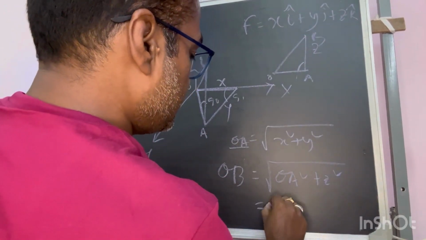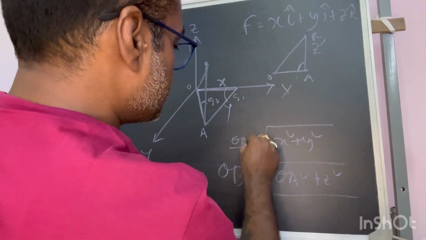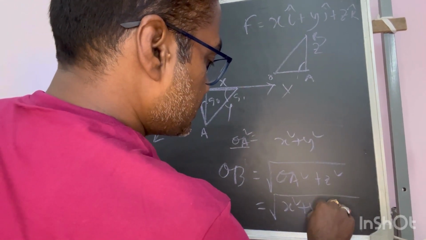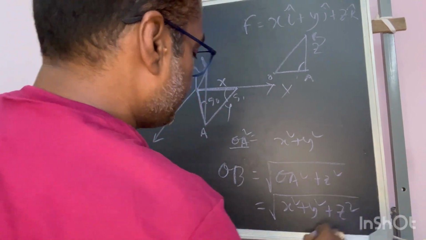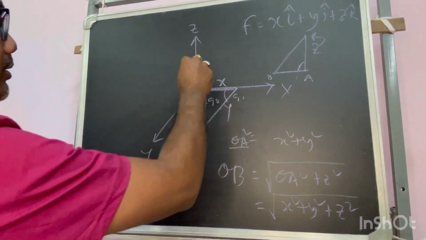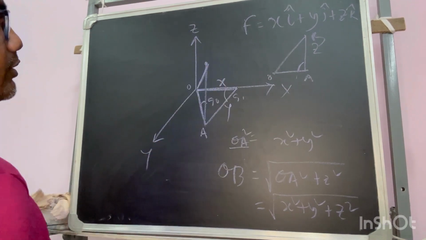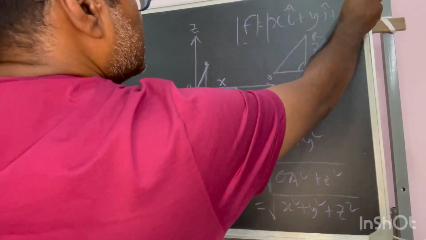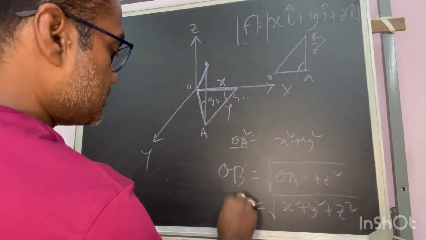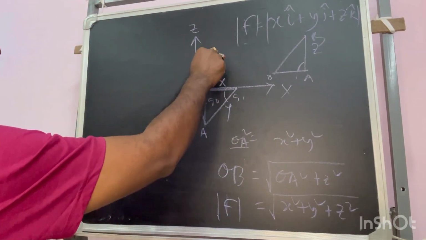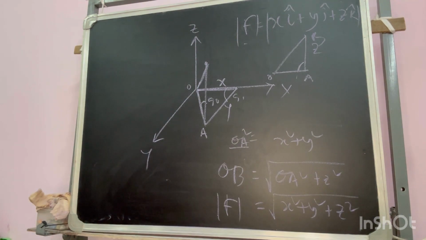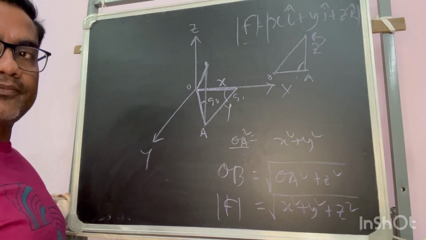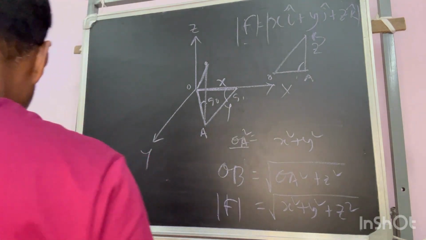So it will be x square plus y square plus z square. So OB, the ultimate dimension of this f, that means if I take the mod, this is the mod value, this is the value of the position vector OF. This way I have used it in the previous problem.